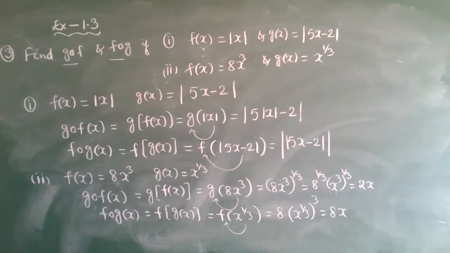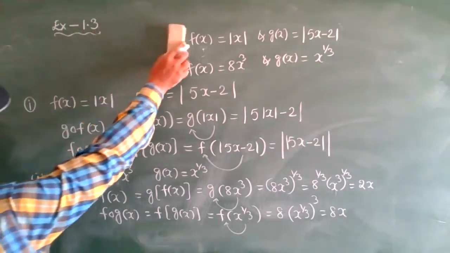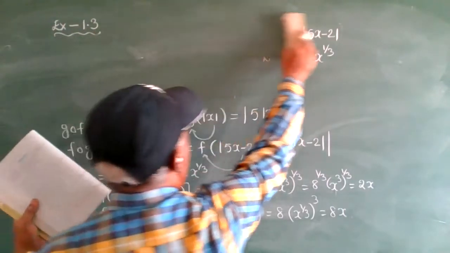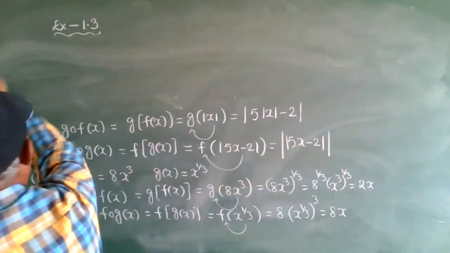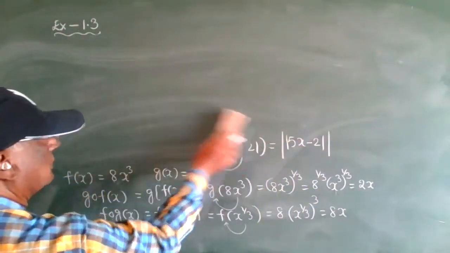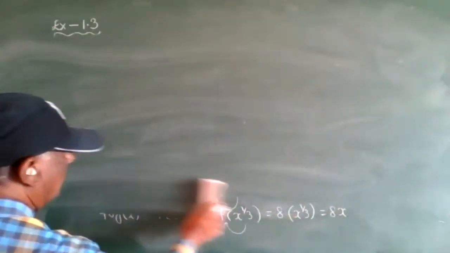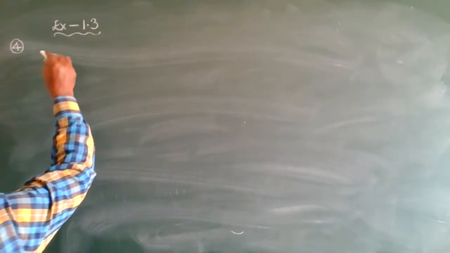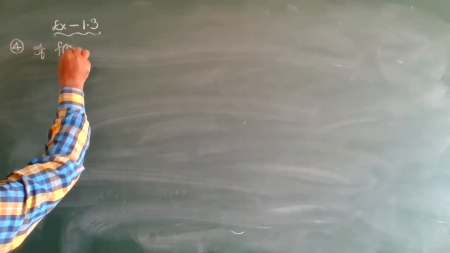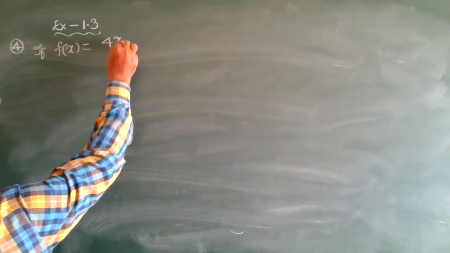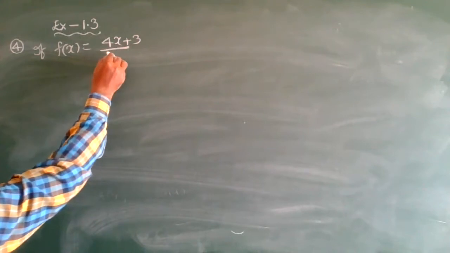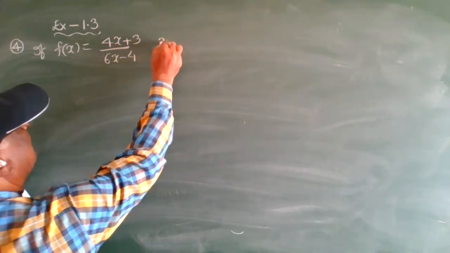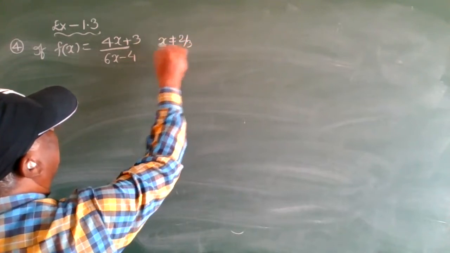Right. I go through the fourth problem. Everyone see the fourth problem. What is the fourth problem? If f of x is equal to 4x plus 3 upon 6x minus 4, x is not equal to 2 by 3.